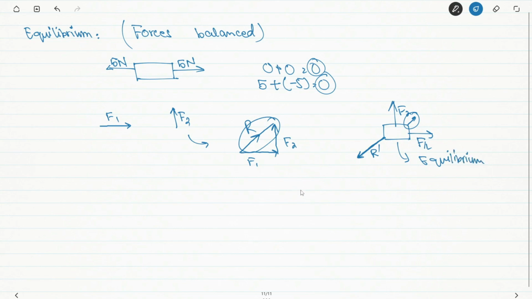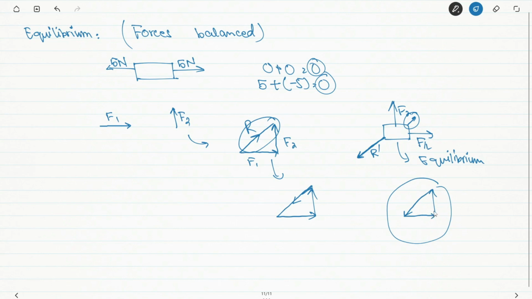So the triangle would be something like this. You can see that this triangle is actually a full head to tail diagram if you see properly. So basically, if any MCQ or any question asks you if this is in equilibrium, you will always say yes.